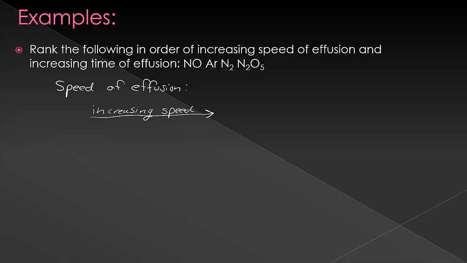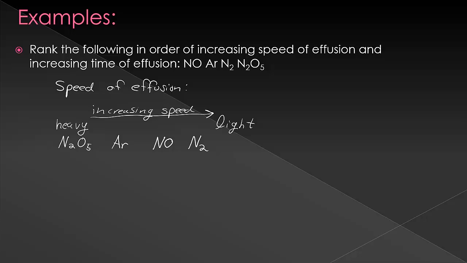So if we're going to start off with our slowest, that means we need to start off with our heaviest. So we look at our periodic table, we add up all of our masses, and we see that N2O5 is going to be our heaviest, followed by argon, NO, and N2.